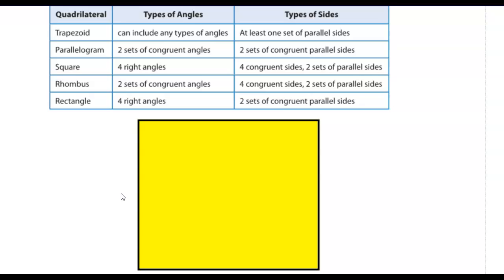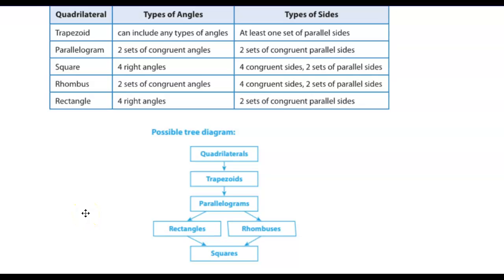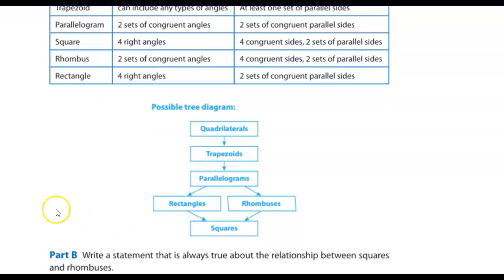All right. I hope that you were able to complete your tree diagram. I'm going to uncover the answer now, the tree diagram, and you can make any corrections that you need. Here's a possible tree diagram of quadrilaterals, trapezoids, parallelograms, rectangles, rhombus, and squares. You have seen this many times last week, and here it is again.